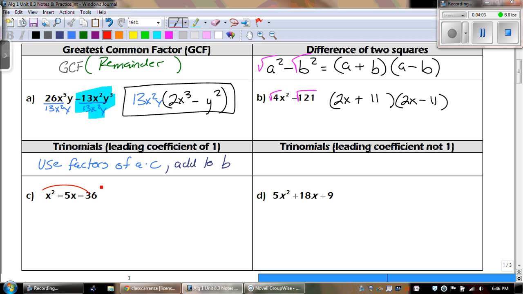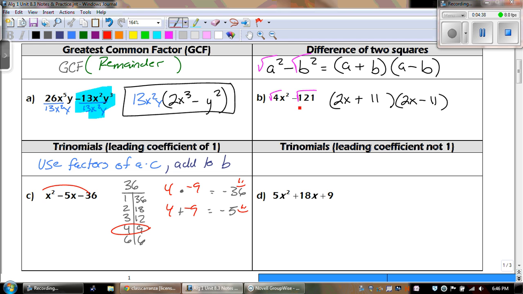In this case, there isn't, so we want the factors of 36, which are 1 and 36, 2 and 18, 3 and 12, 4 and 9, 6 and 6. And out of those ones, which ones multiply to get to negative 36 and add to get to negative 5? You should have gotten 4 and negative 9.